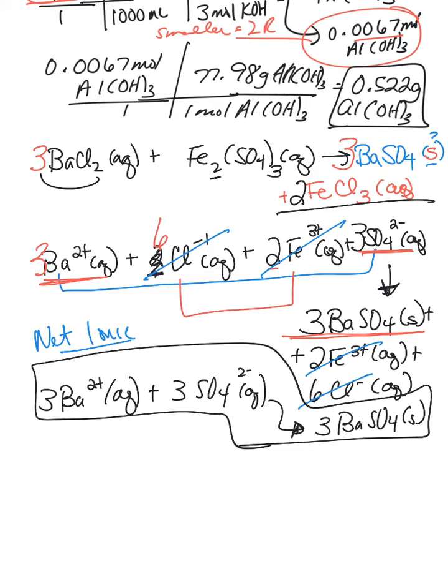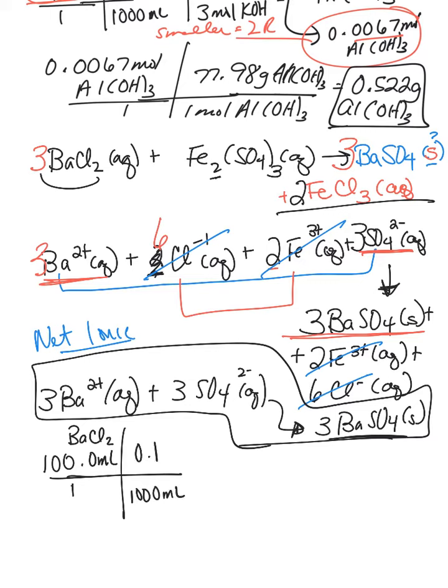And then the next thing you're supposed to do is figure out how much product of this barium sulfate is produced. So this is a limiting reagent problem, so we have 100 milliliters of barium chloride. For 1,000 milliliters of barium chloride, we have 0.100 mole because of the concentration of barium chloride.